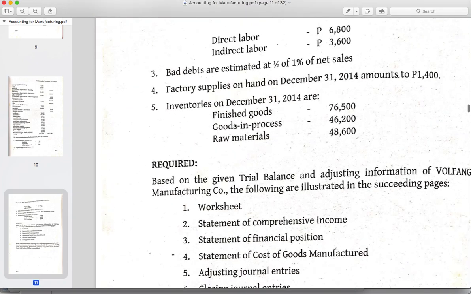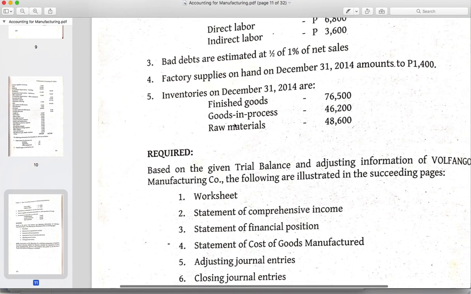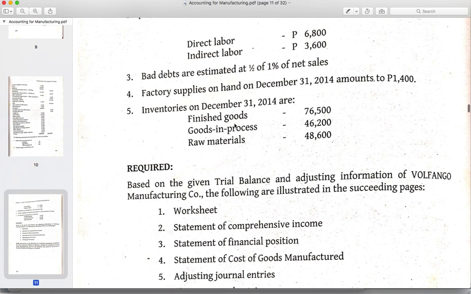Okay? Pero dapat sa totoong buhay, wala namang assumption. Sa problems lang kasi, there are things that were not said. But in practice, of course, in the company, you know very well which are the purchases for direct materials and which are for the indirect materials.